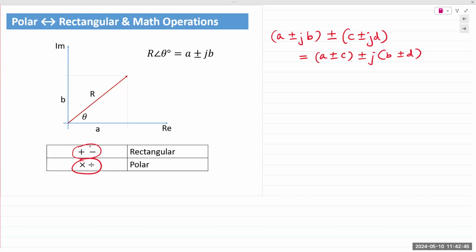Now, of course, you can do addition and subtraction using polar coordinates, but it's just harder. It's a different kind of equation, right? This is all trigonometric identities, right angle triangle.